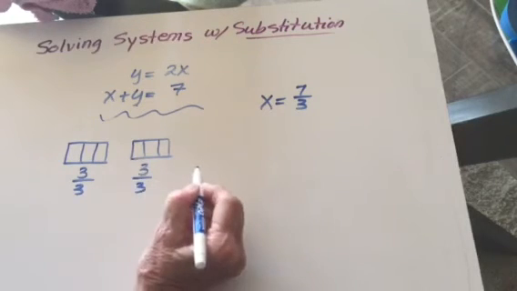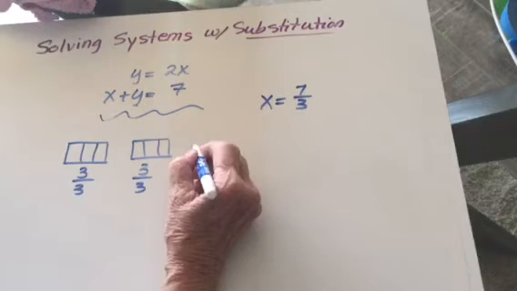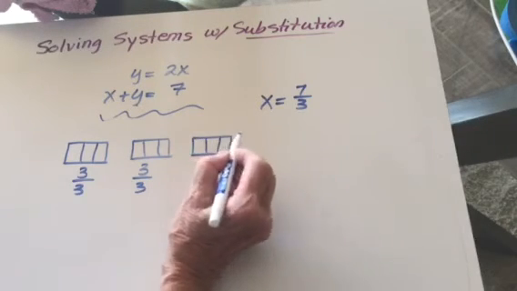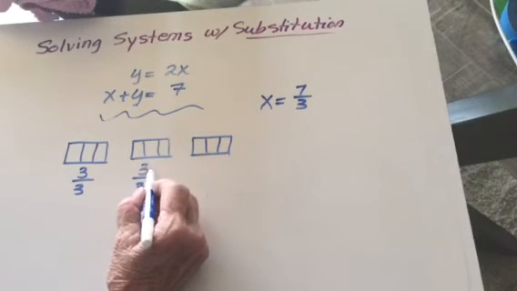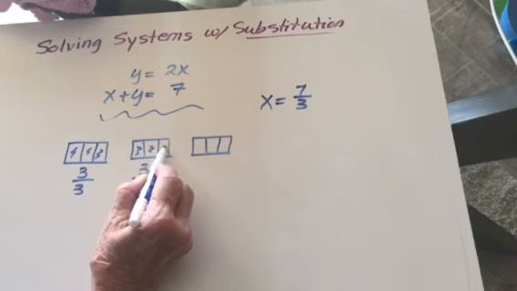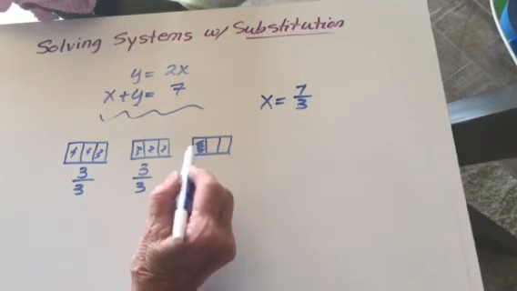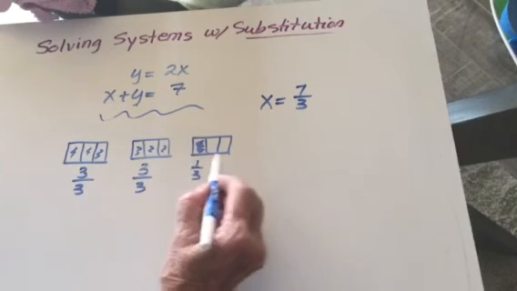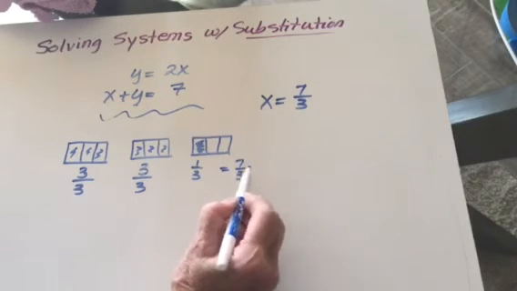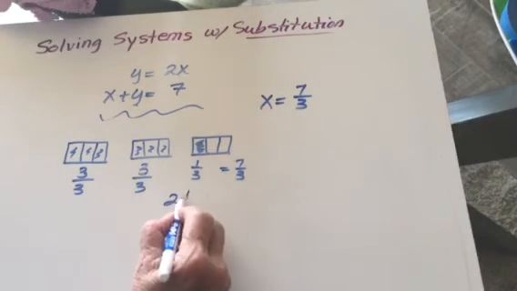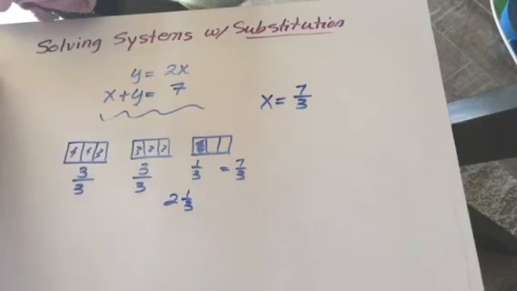By the way, that's one whole thing, isn't it? Well, that's not 7 yet. Here's another. I have to make another whole thing and divide it in thirds. But this time, how many am I going to color? Here I colored 1, 2, 3, 4, 5, 6. But here I'm only going to color 1. That's 1/3. So 6/3 plus 1/3 is 7/3. Another way to say that, 2 and 1/3. I just thought I'd throw that in there for real quick.